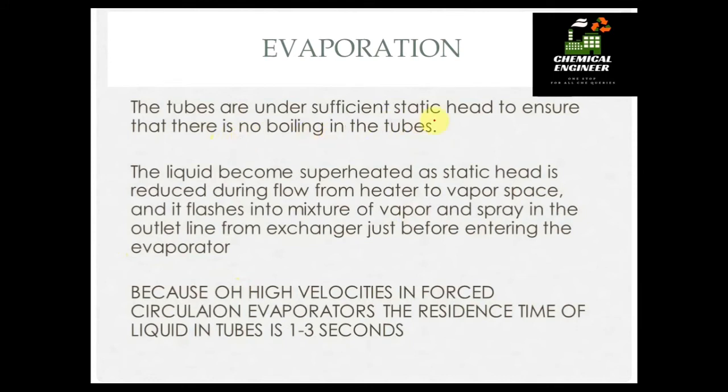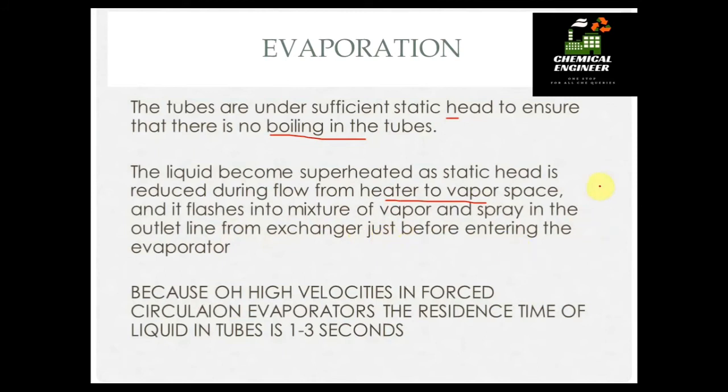The tubes are under static head to ensure that there is no boiling. In the heat exchanger there should not be boiling, so the pressure is to be maintained. The liquid becomes superheated as static head is reduced during flow from the heater to the vapor space, and it flashes into a mixture of vapor and spray in the outlet line of the exchanger just before entering the evaporator.